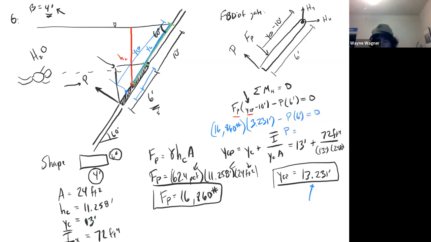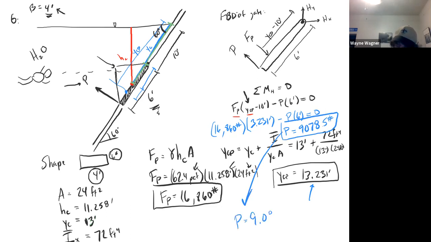And so P equals 16,860 times 3.231 divided by 6, which equals 9,078.5 pounds. And if we want that with 3 sig figs, we should say P equals 9.08 kips.